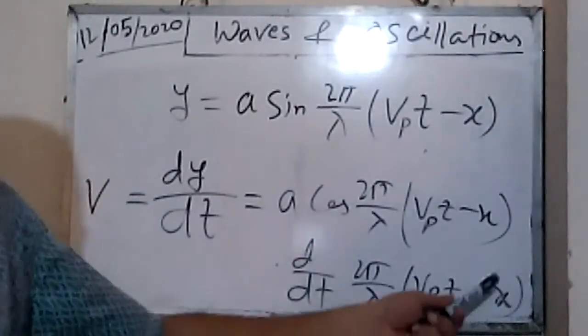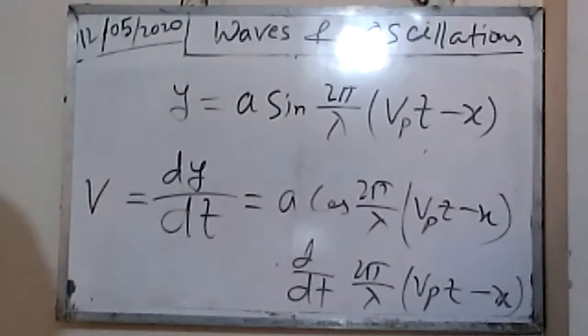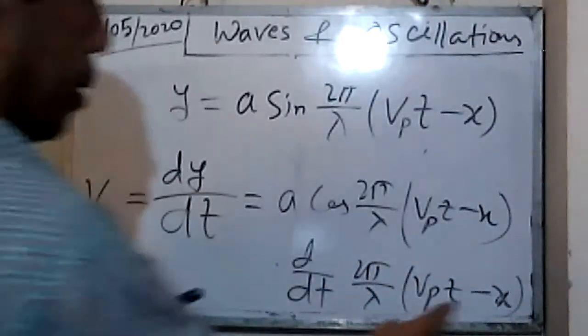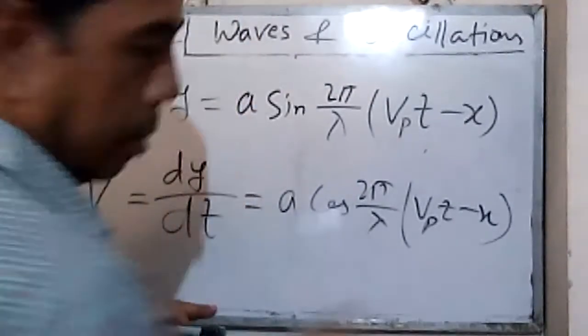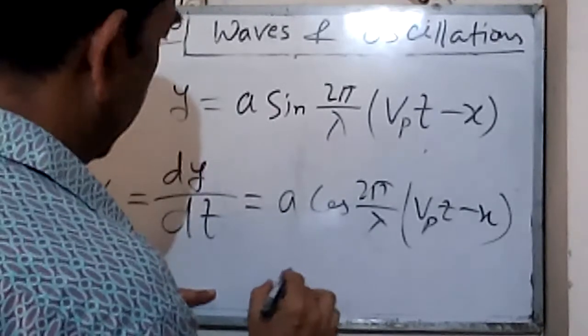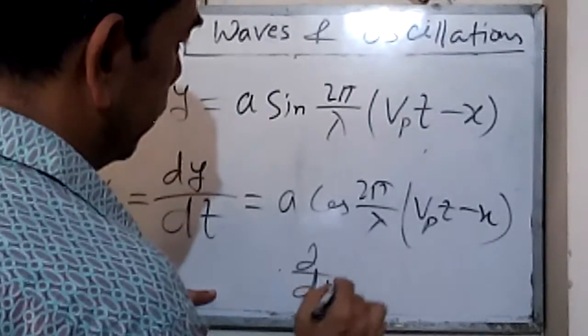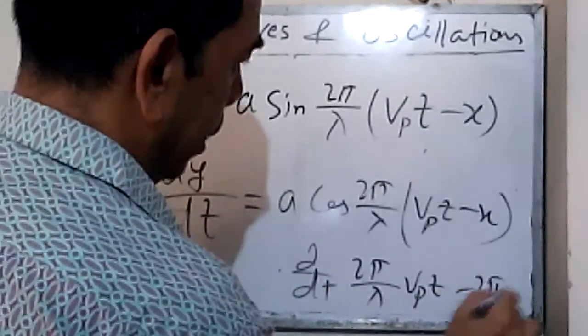You know, x is the position of a definite particle, so the distance from the first particle to the definite particle will be constant. After differentiating the constant, it is 0.